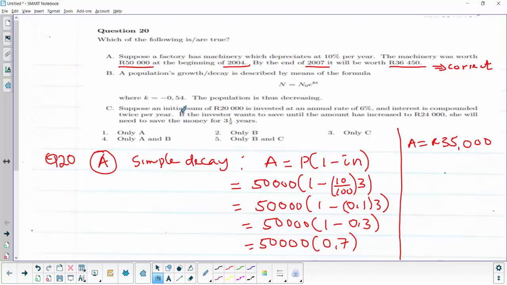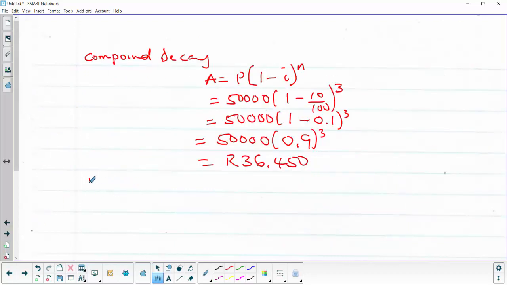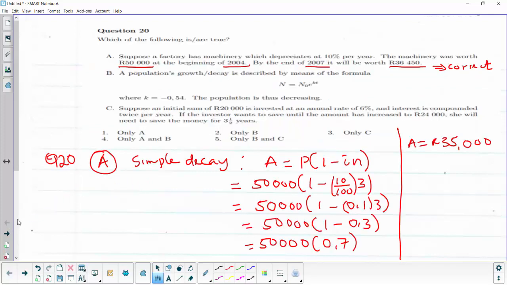Now we need to consider B. We are given the formula. The formula is given as N equals N naught, which is the initial population, e raised to power kt, where k is minus 0.54, and the population will decrease.